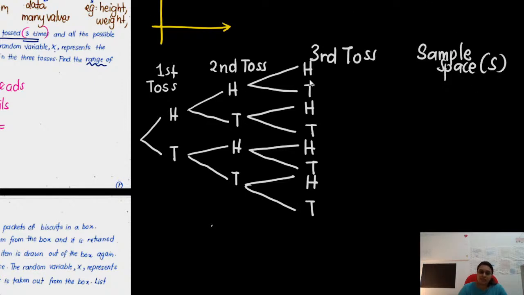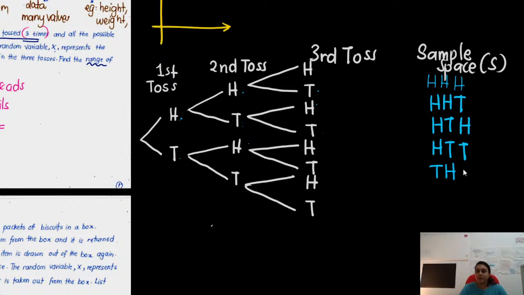The first one is H, H, H. The second one, H, H, T. The third one, H, T, H. The fourth one, H, T, T. The fifth one, T, H, H. Then T, H, T. Then T, T, H. And the last one, T, T, T.